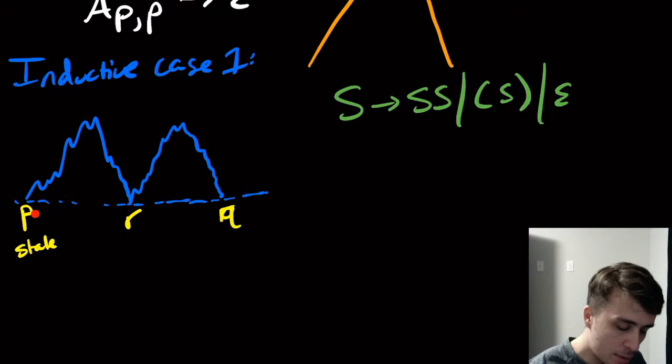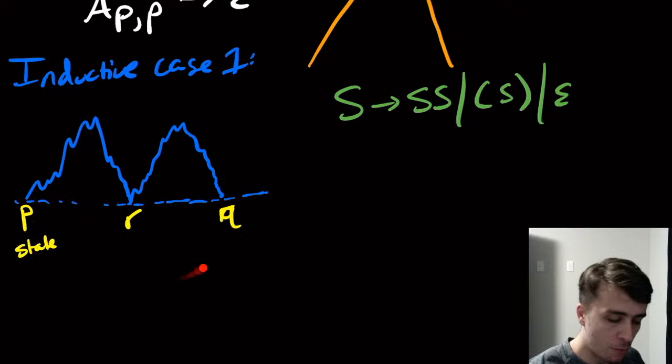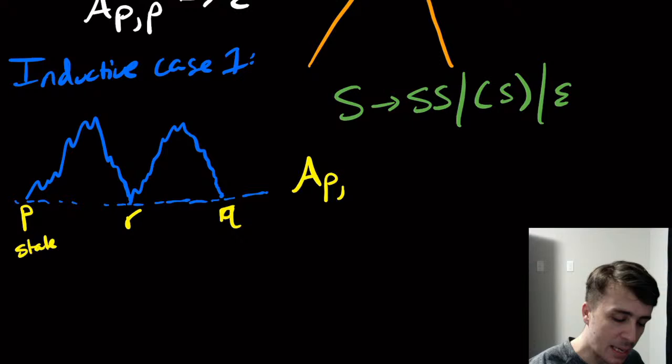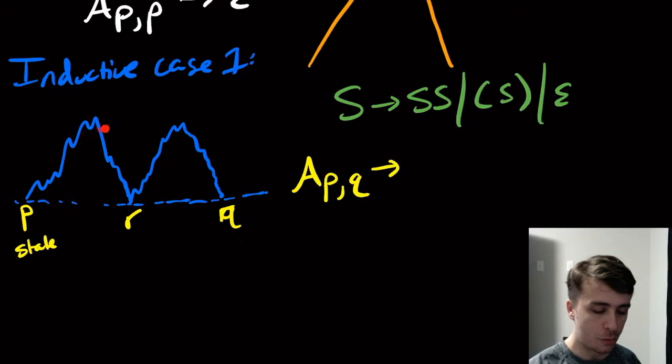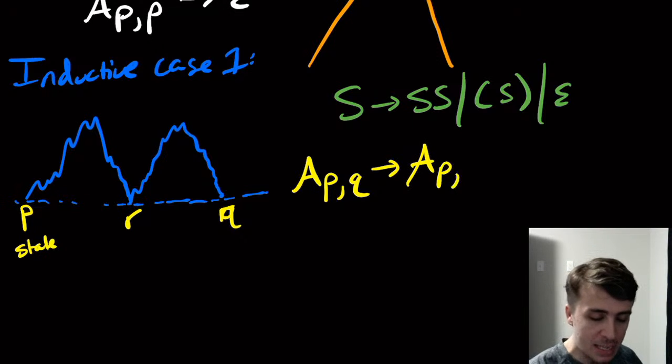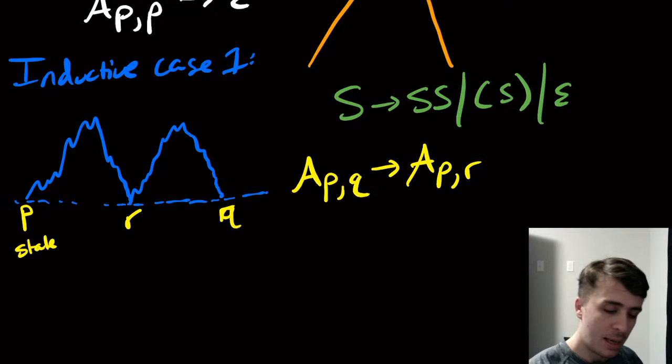So if I want to solve the big problem, going from P to Q, then one way of doing that is to traverse this mountain and then traverse this mountain, which means that I'm going to have to find some way of getting from P to R with the same stack height. Well, we know what that is. That's A sub PR. And then some way of getting from R to Q with the same stack height again.